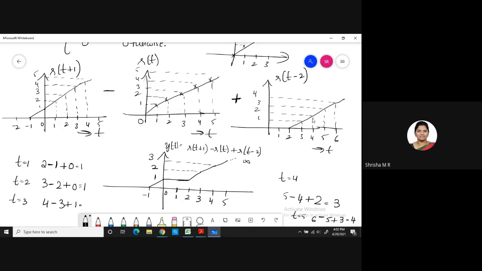Got it, everyone? Yes, ma'am. After t is equal to 2, the signal will go on, increasing its amplitude by 1 at each instant, up to infinity. Okay, so this is the waveform. Is it clear, everyone? Yes, ma'am. Did I go fast? Want me to explain once again?